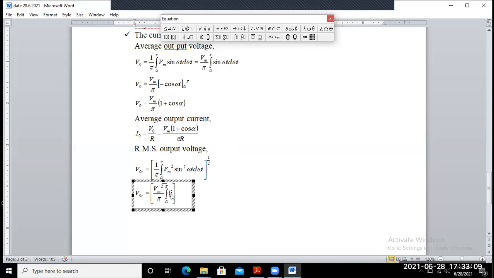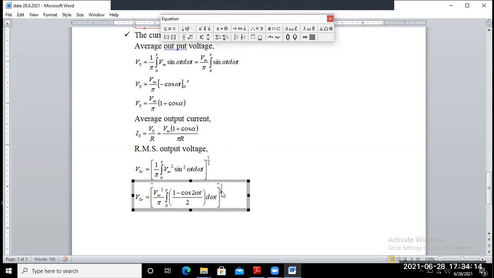what we can write for the sine square omega t in terms of cosine terms: 1 minus cos 2 omega t, divided by 2, d omega t, okay, whole to the power 1 by 2.